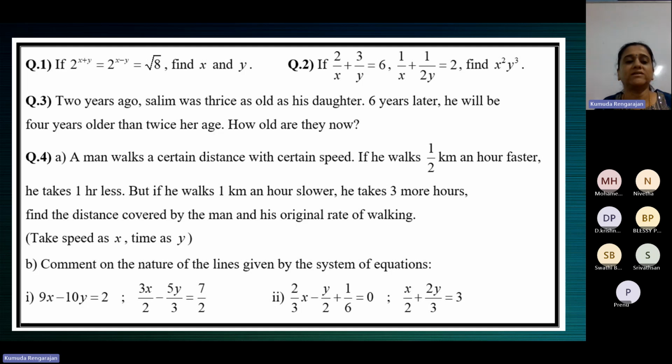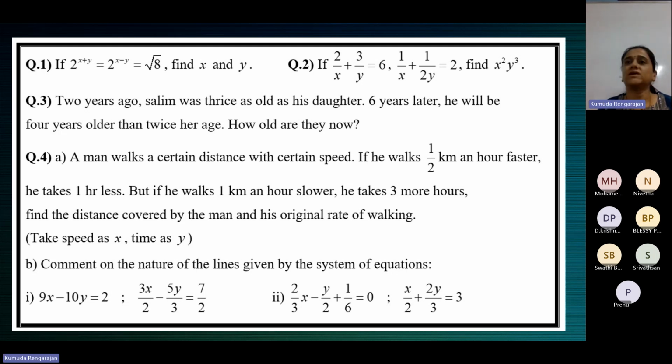We have to find A1 by A2, B1 by B2, and C1 by C2. Check the ratios, and depending on how they look, you will say if they have a unique solution. You'll have to comment on the nature of the lines. Based on the ratios, you will say if the lines are parallel, intersecting, or coincident.